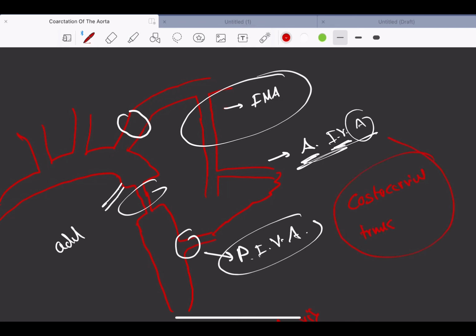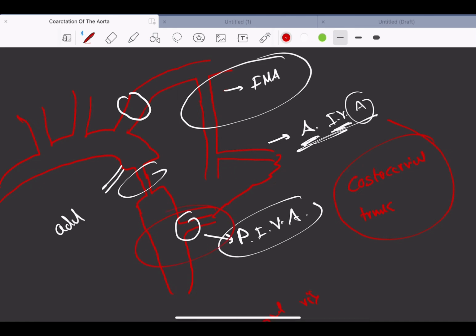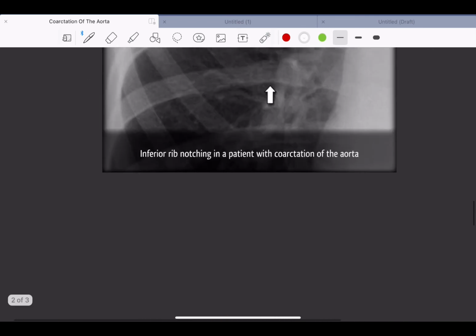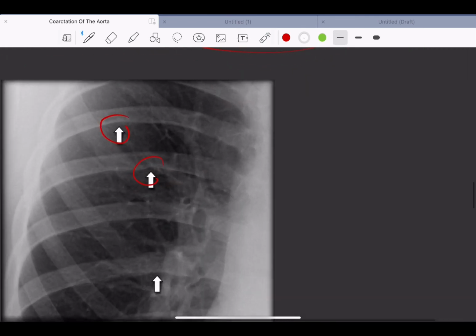And this trunk has no connection to the posterior intervertebral arteries. So the first and second ribs are not notched in coarctation. So if you saw the X-ray image again, we'd expect the first notched rib to be the third rib, because the first and second ribs shouldn't notch in coarctation of the aorta.